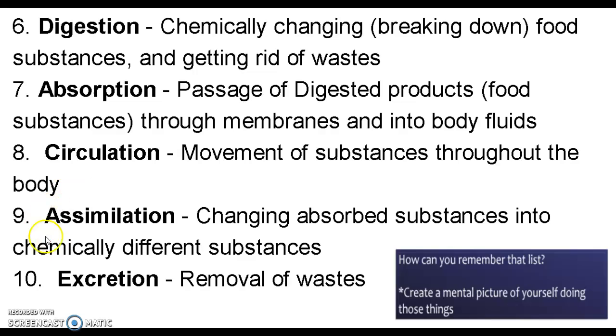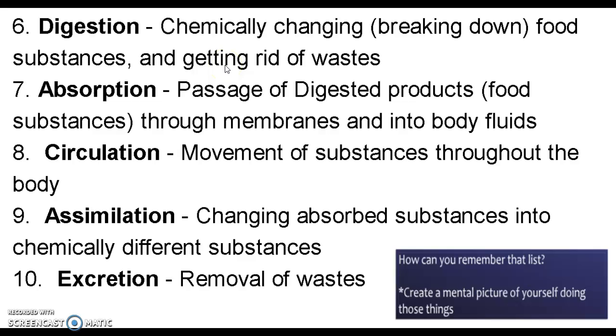Next is assimilation. This is when we take in those absorbed substances and we convert them into chemically different substances. So, for example, if you eat a cheeseburger, the meat in that cheeseburger is cow proteins. What your body does is break it down through digestion into its small individual building blocks.